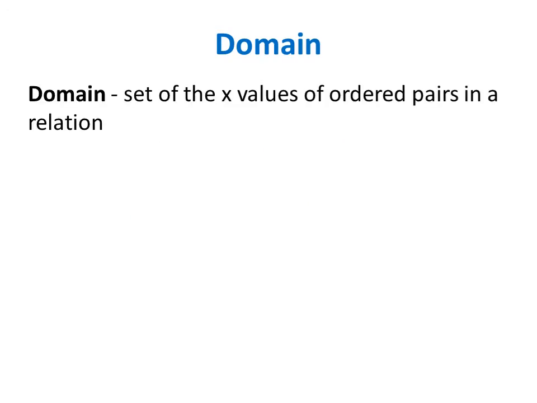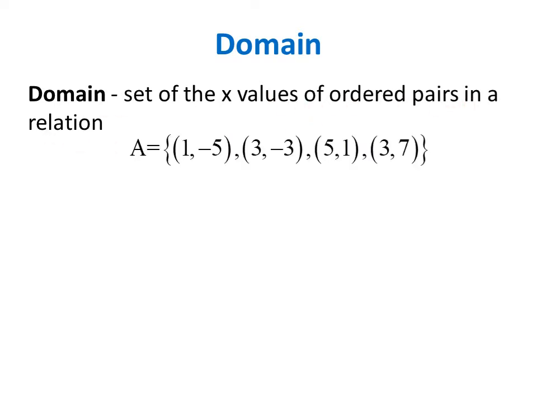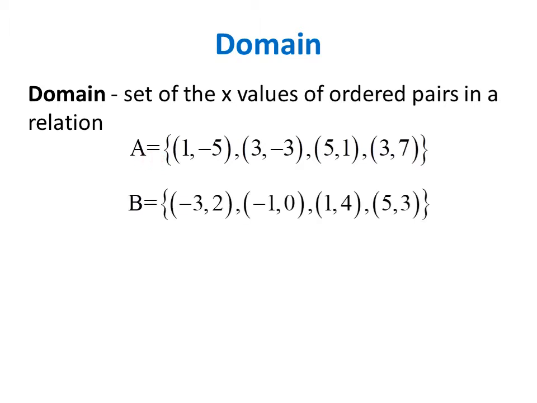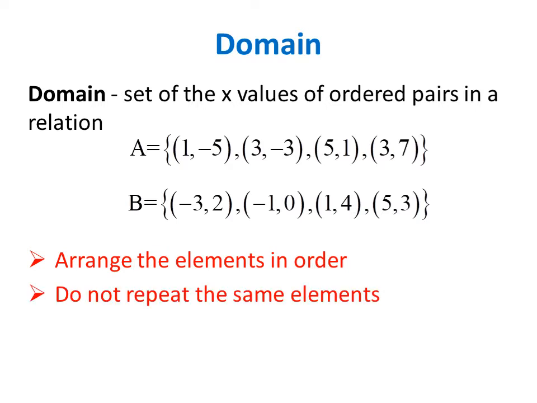The domain of a relation is the set of the x values of ordered pairs in a relation. Let's say we're given the same relation A and the same relation B. In writing the domain, it is recommended that we arrange the elements in order, and there is no need to repeat the same elements.